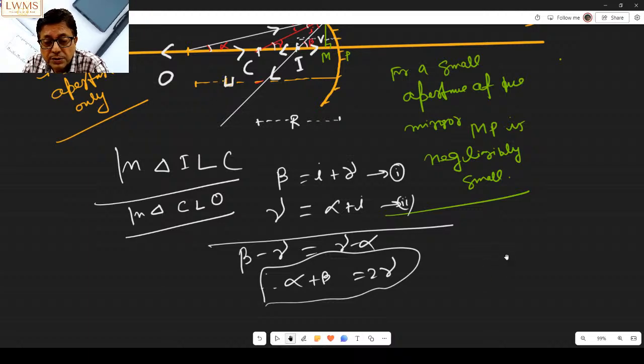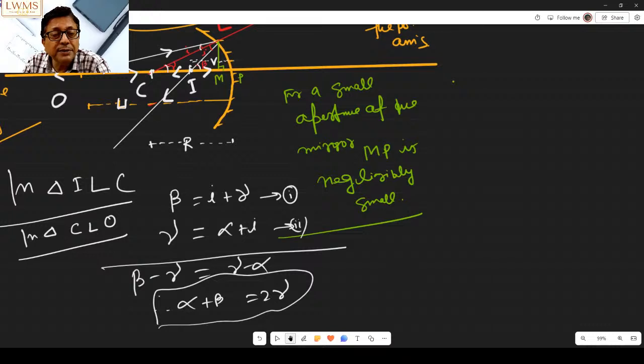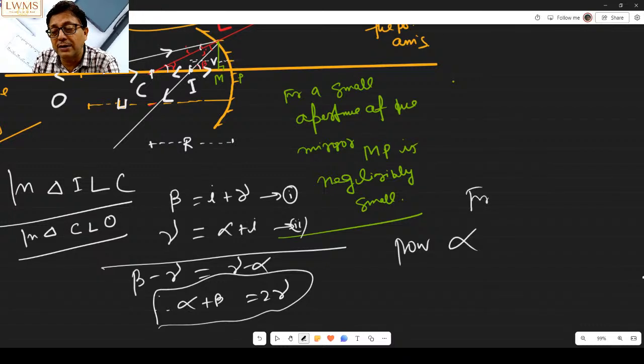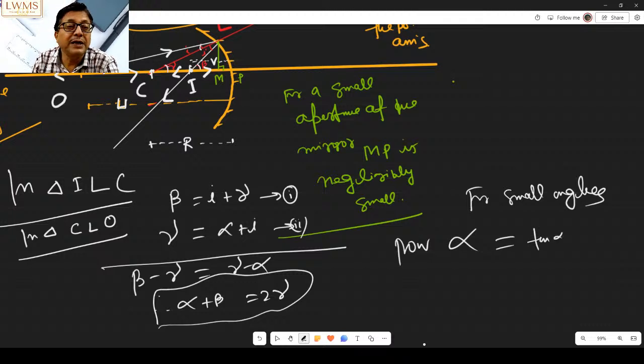Now what to do? Now see, these angles are small. For small angles, alpha equals tan alpha. Tan alpha is what in the diagram? I should not write with the red pen.